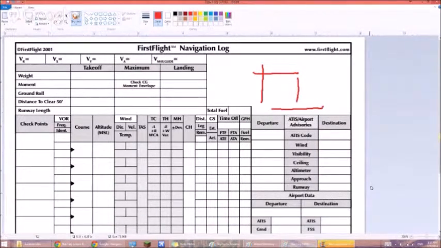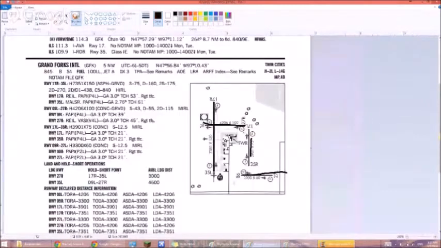Then the next thing you want to include is the labels for each runway. So the labels are right here, and here, and here, there. You get the point. So you want to include those. I'm not going to show you all of them, but I'm just going to do a few for an example.